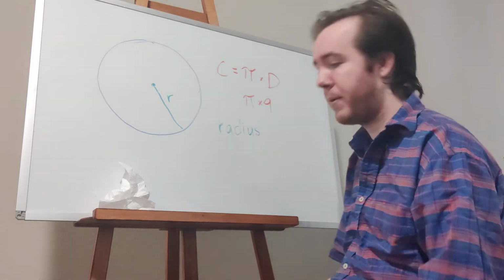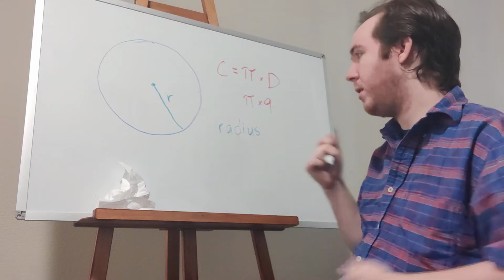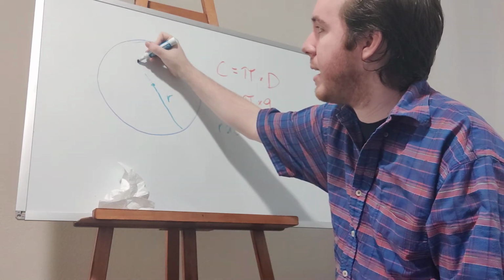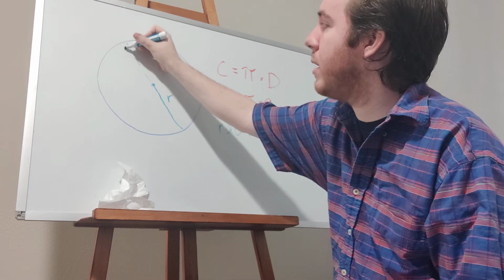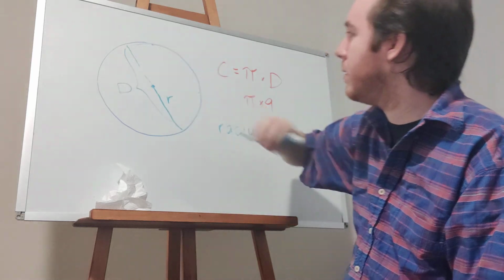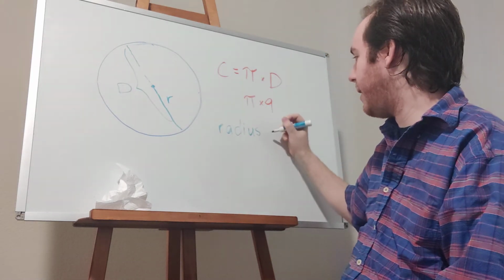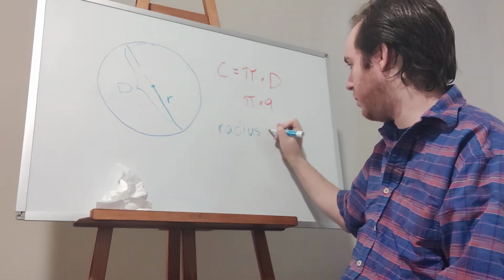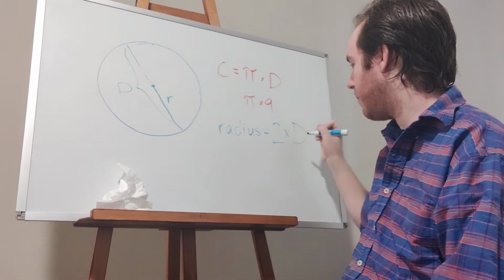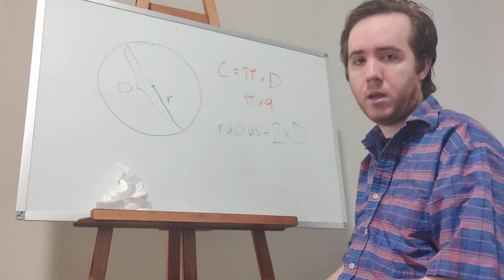Now, a thing to know about the radius is, if you were to look at the radius here and the radius there, these two lines together would make your diameter. So your radius is equal to 2 times the diameter. Okay?